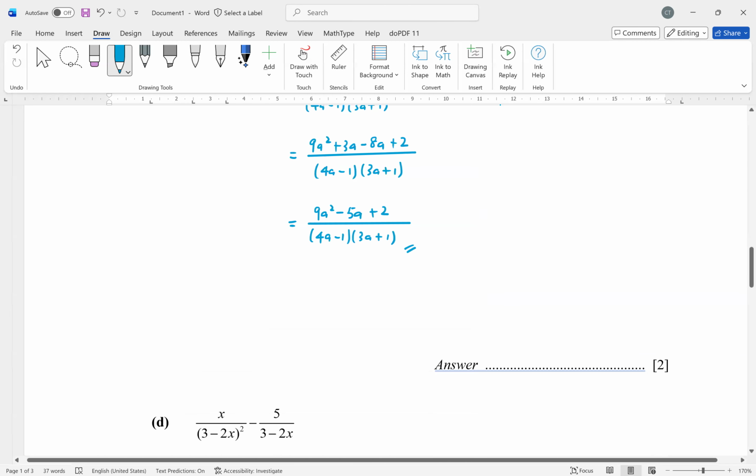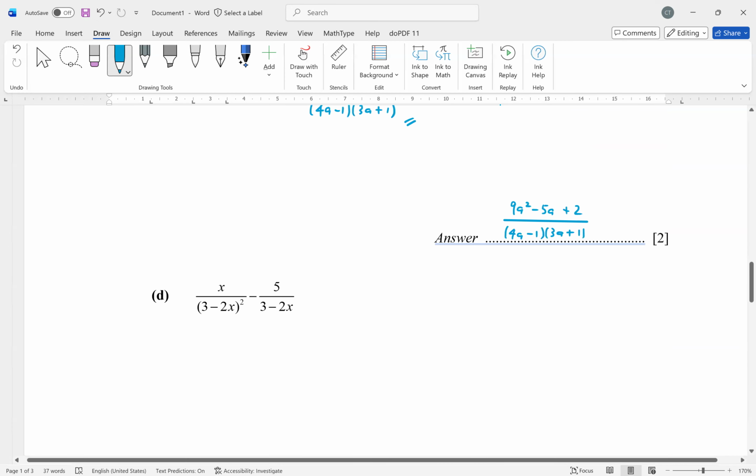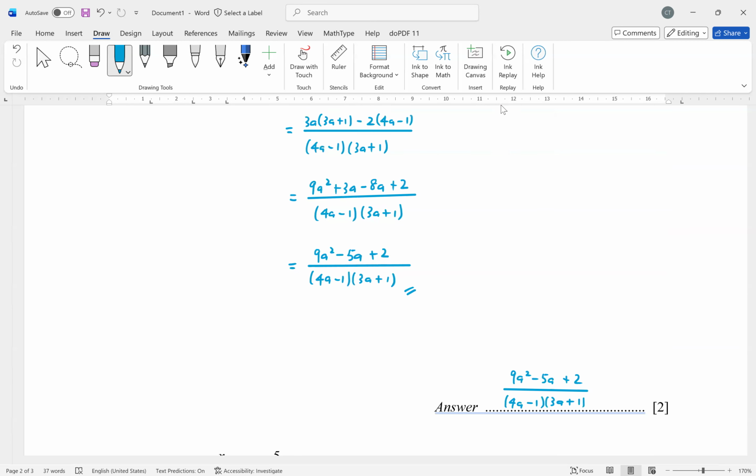So let's write the answer in the answer space. So we have 4a minus 1, 3a plus 1, 9a squared minus 5a plus 2, right? Not too difficult, right?